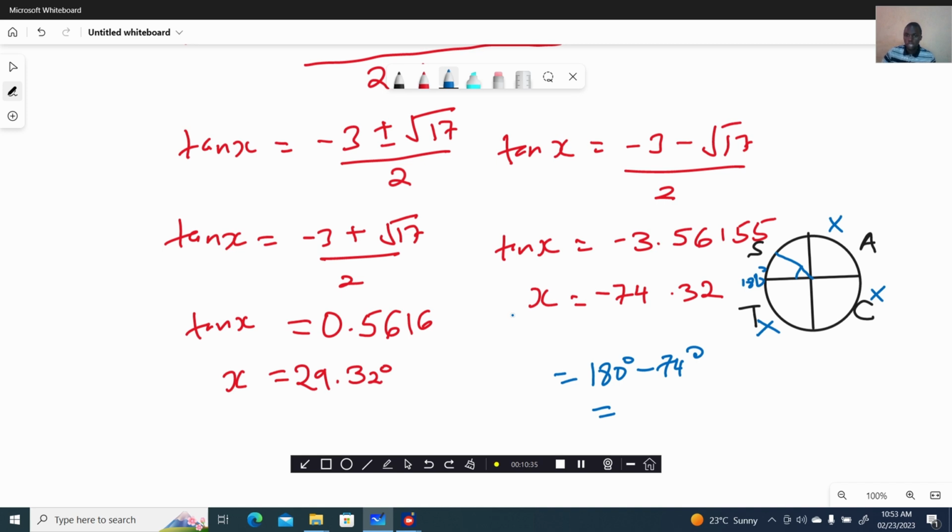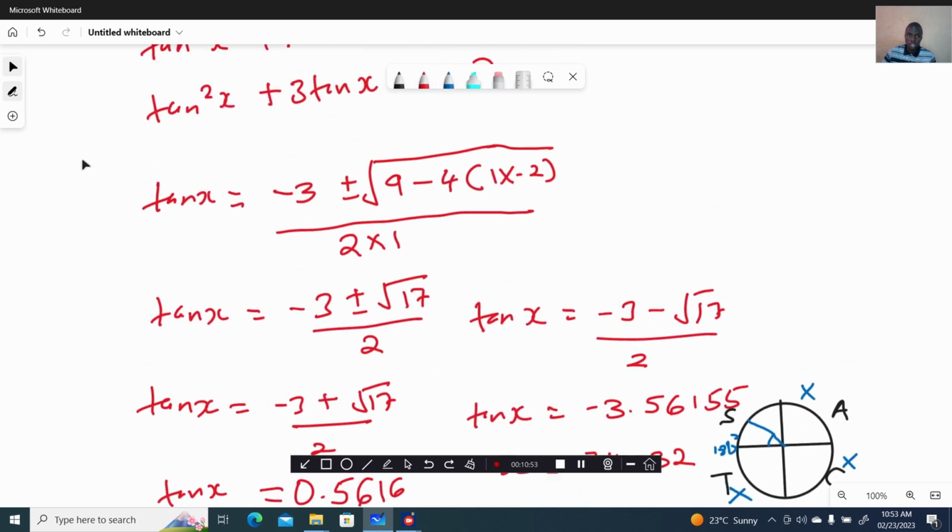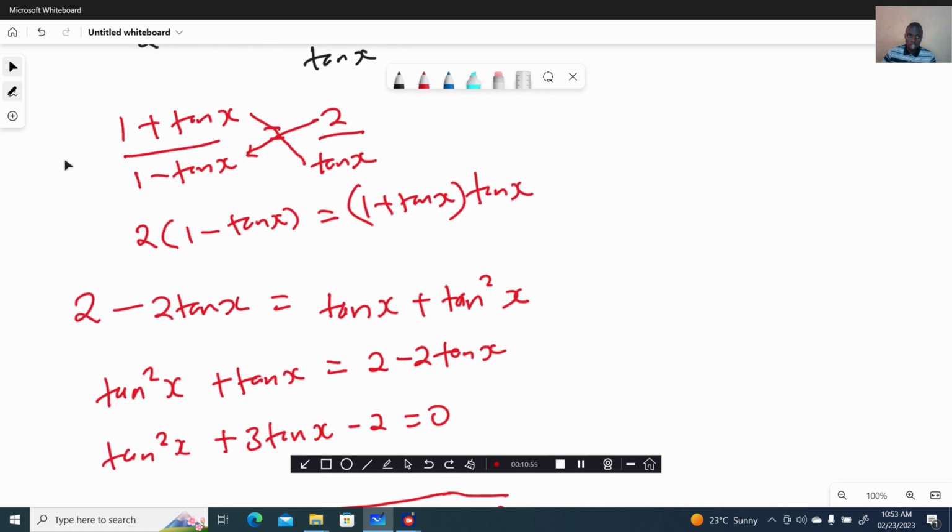So we are going to get 105.68 degrees. So that one gives us the solution for the two values of x in the domain that they asked us to get. So I can just refer you back to the question.